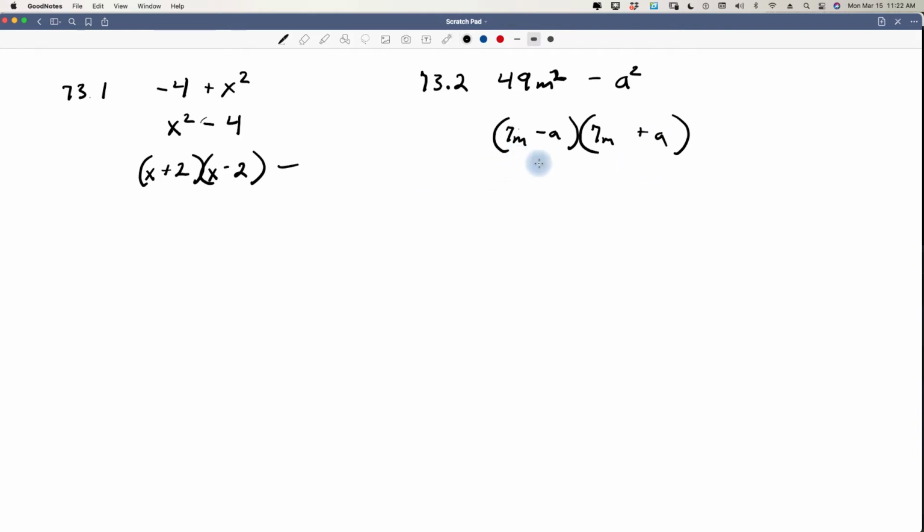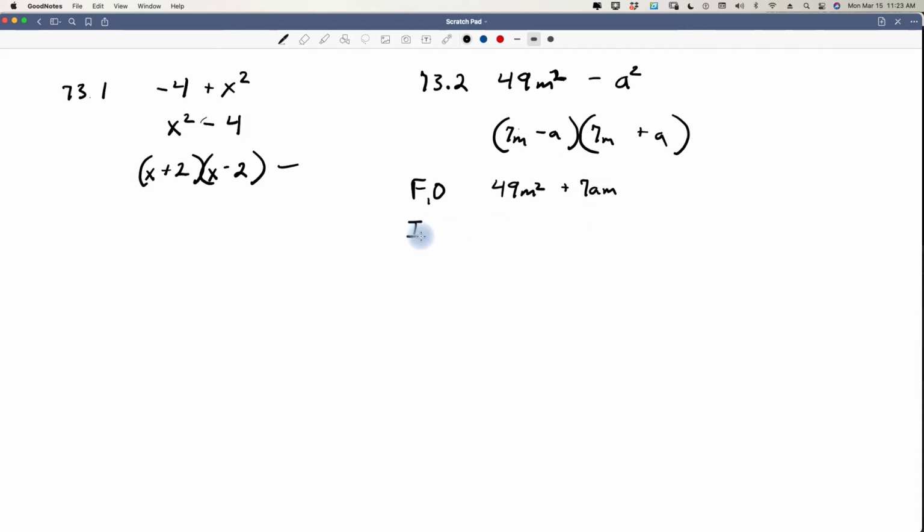All right, if you want to check on this one, since it's a little bit more complicated, let's do the FOIL method. 7m times 7m is 49m squared. 7 times 7 is 49. m times m is m squared. Our outer, 7m times positive a, is going to give us a positive 7am, right?